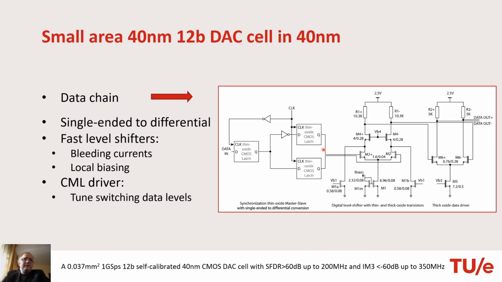After that, this 1-bit signal needs to be translated into the high voltage 2.5 for the thick oxide transistors. To do this, we use a level shifter. So these levels plus minus 0.1 volt will be translated to 2.5 volts and then half range.